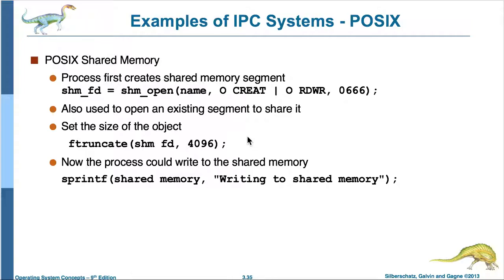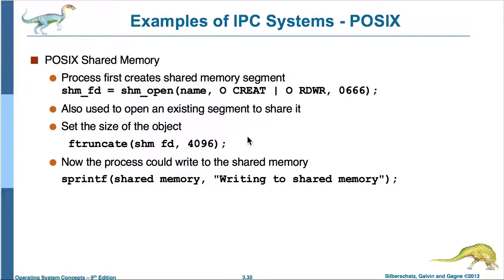We have to pass a parameter, essentially the name of the shared memory segment, and then a few other parameters in the context of permissions. The next system call is ftruncate, and with the ftruncate system call we're setting the size of the shared memory object.